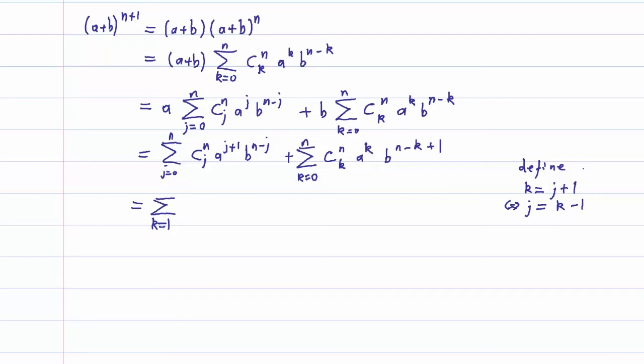Because k is just j plus 1. And it goes up to n plus 1 now. Because the last was j equals n, and now we have k, and so it goes to n plus 1. C(n, j), we replace j by k minus 1. a^(k-1+1), that will cancel out, of course, times b^(n-(k-1)).